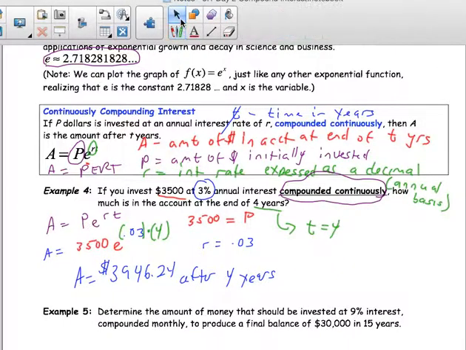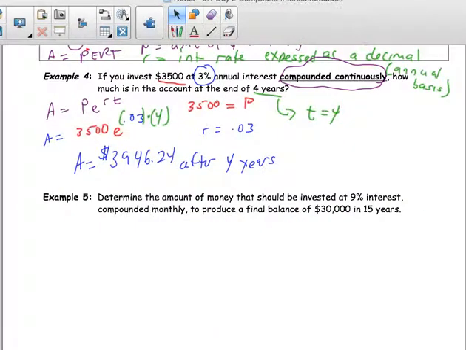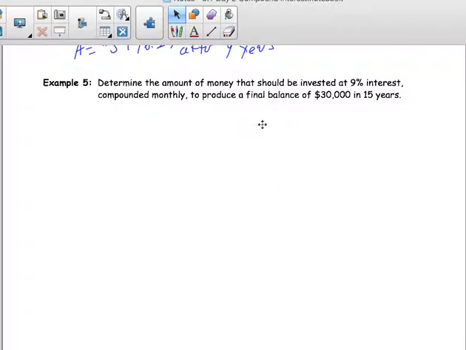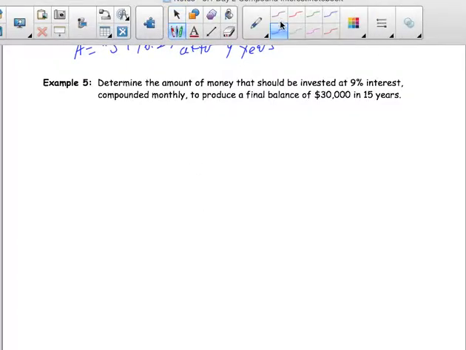In example 5, we're asked to determine the amount of money that should be invested at 9% interest compounded monthly to produce a final balance of $30,000 in 15 years. So here the interest is compounded monthly. We cannot use the continuously compounded interest formula here. So we can't use PERT.